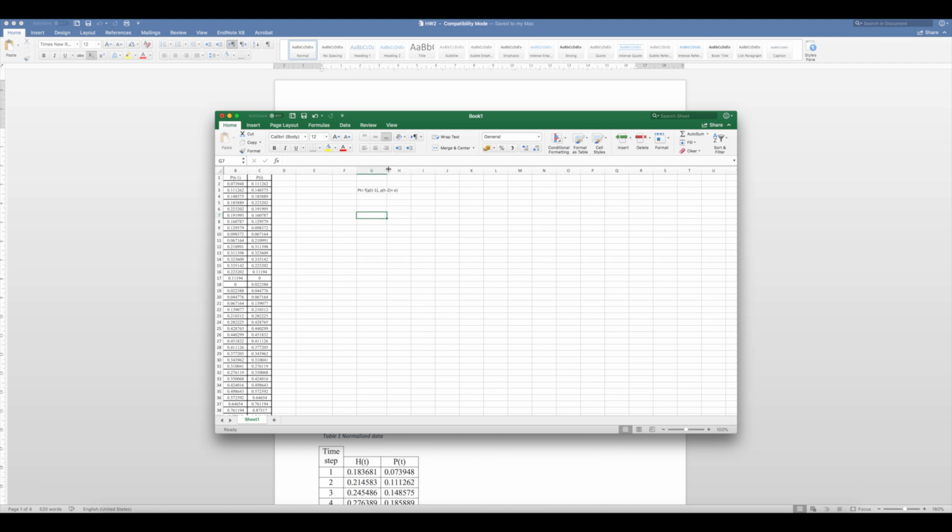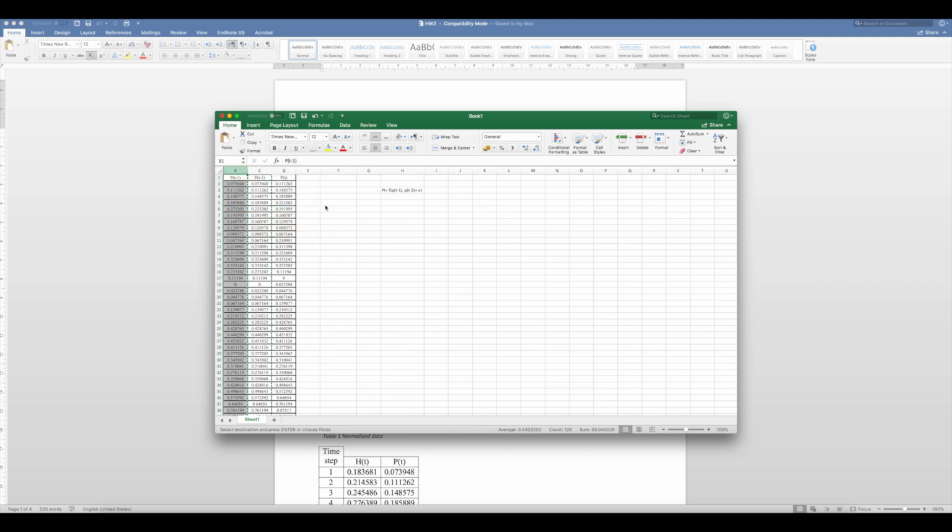So Pt now is a function of Pt minus 1 and Pt minus 2. So how do we prepare that? I will have another column here, so now we have Pt minus 1 and also Pt minus 2.